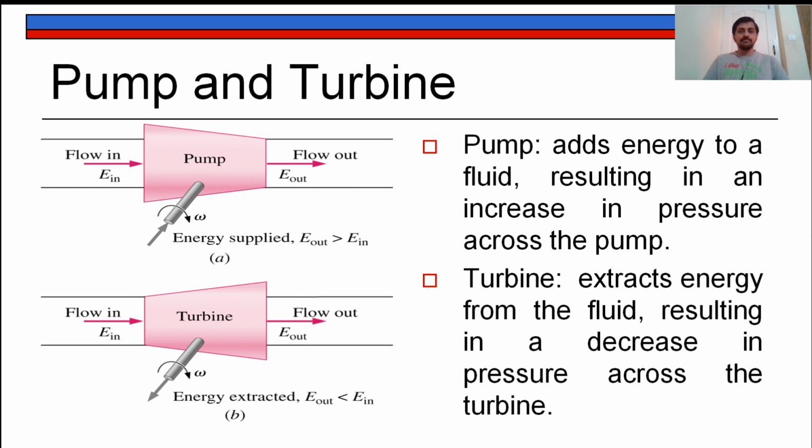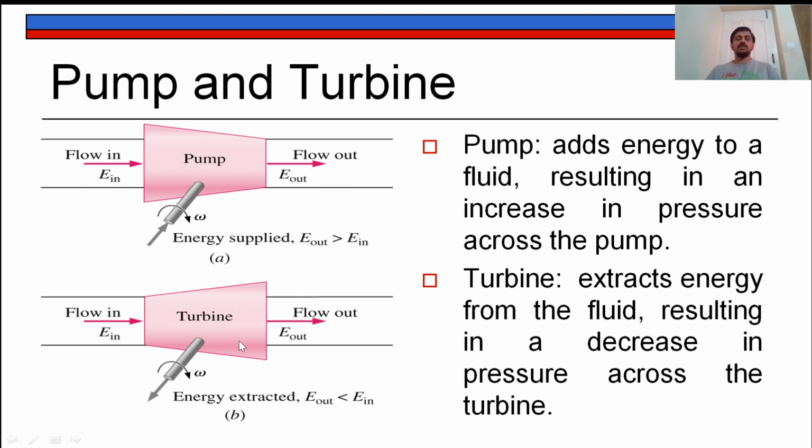That means pressure will be reduced. At the expense of pressure energy, something else will be increased. So a turbine extracts energy from the fluid, that is hydraulic energy, resulting in a decrease in pressure across the turbine.